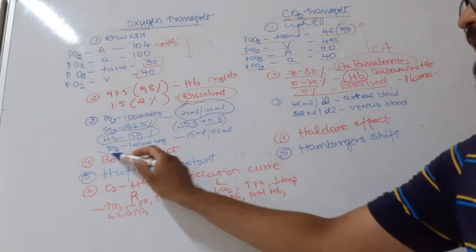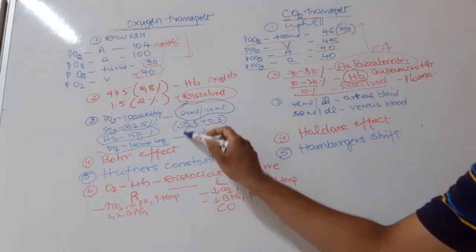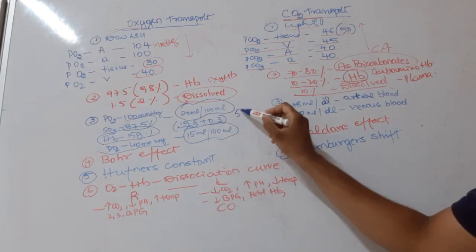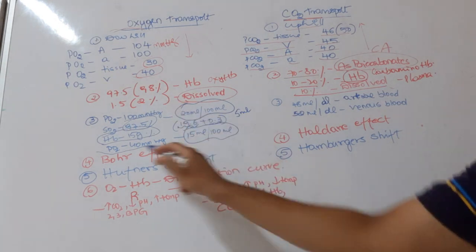On the venous side, where the partial pressure is 40 mmHg, it is 15 ml. Therefore 5 ml of oxygen is yielded to the tissue as blood moves from the arterial to the venous side.